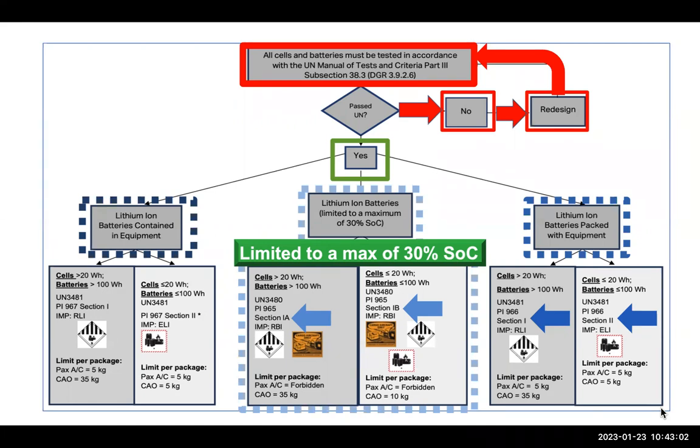In case the state of charge of the rated capacity has exceeded 30%, then such batteries or cells can only be shipped under the approval of the competent authority of the state of origin and the state of the operator.